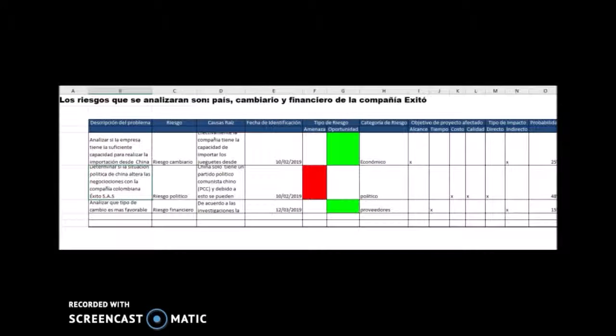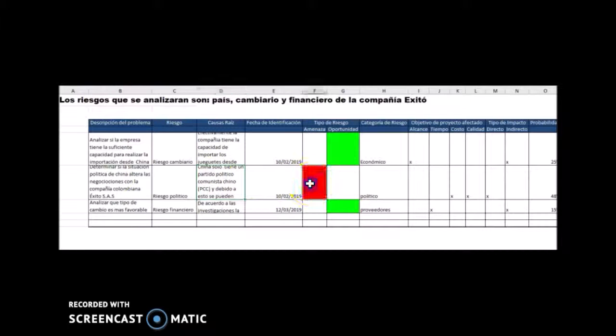The second risk that we identified was to determine if the political situation of China will somehow affect the negotiations with our company, Éxito SOS. We identified that this is a political risk. The main reason is that China only has one political party, the PCC, which is a communist group, and because of that we can have some problems when negotiating with them.